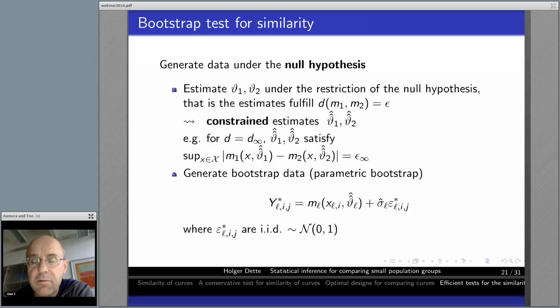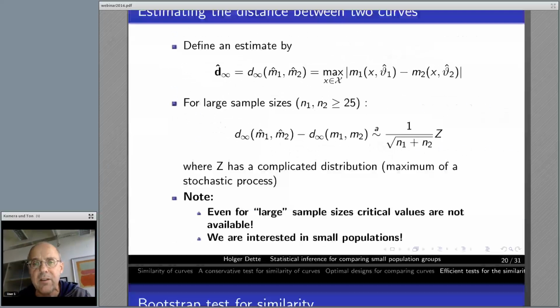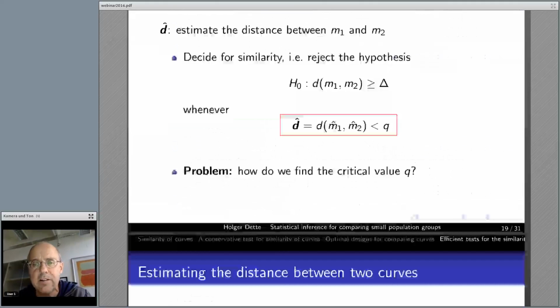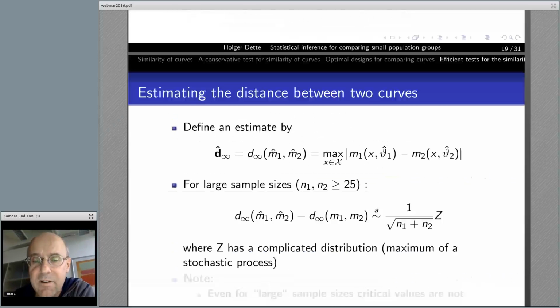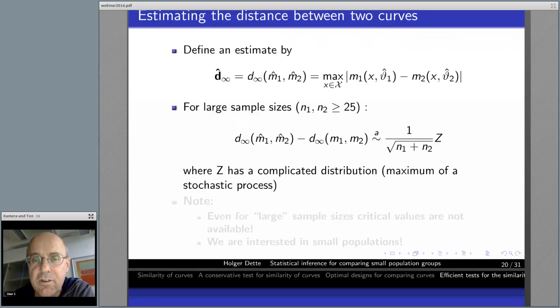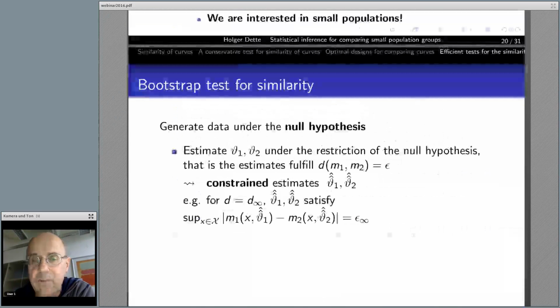The difficulty here, compared to classical hypothesis testing, is that the null hypothesis is rather large. The null hypothesis consists of all parametric curves which have a distance larger or equal than delta. This is difficult, and this makes the bootstrap approach more complicated than usual.